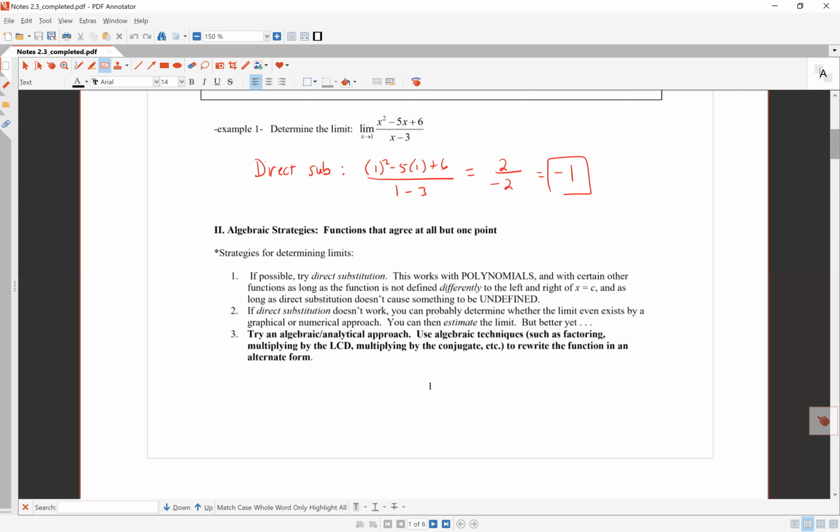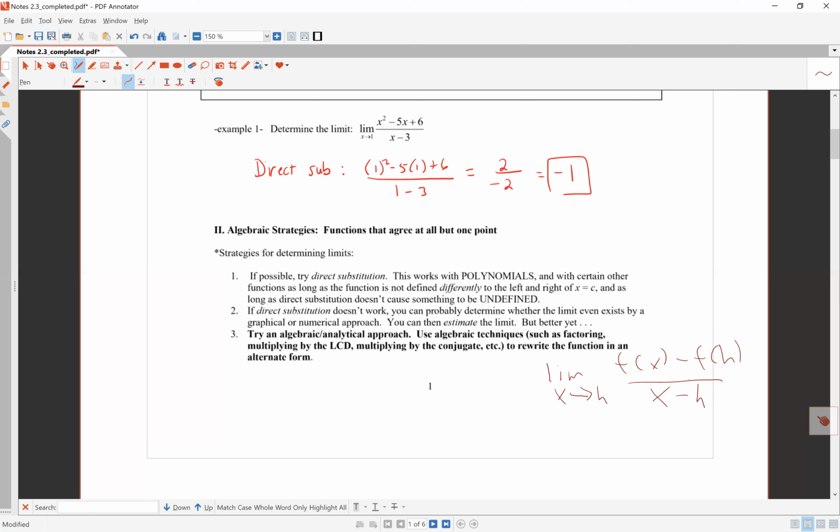And then there's the algebraic or analytic approach, which we're going to have to use when we do difference quotients, like f of x. What do I mean by difference quotient here? Let's see if my pen works. Here's what I mean. We try to take this kind of limit: f of x minus f of h, over x minus h.